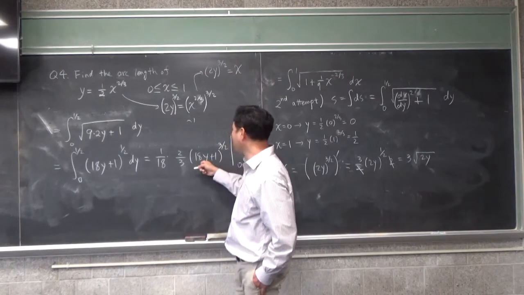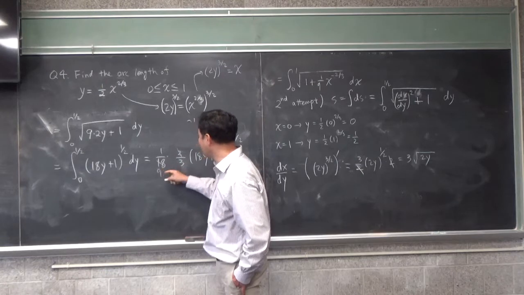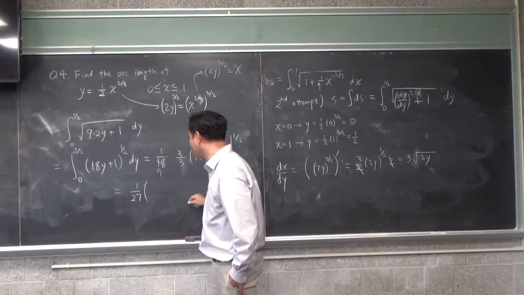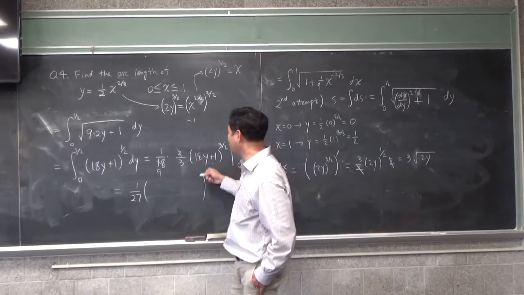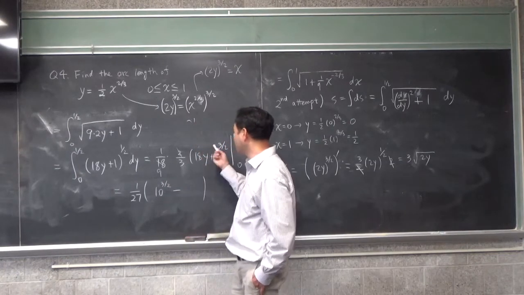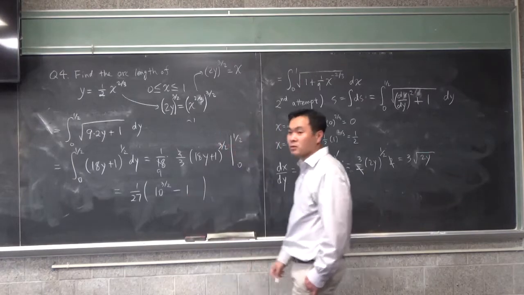You know, this and this can reduce, so it's 1/27. So that's outside. When you plug in 1/2, you get 9. 9 plus 1 is 10, so it's 10 to the 3/2 power. When you plug in 0, it's 1 to the 3/2 power, so it's 1. So that's the answer.